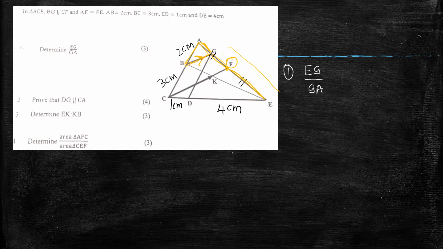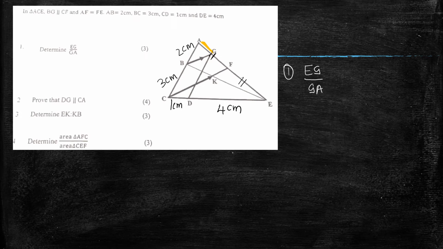So in that case, you have to calculate some of the sides separately, then you do your arithmetic, then get the answer there. Okay, so the first step here will really be to calculate GA, because it's quite easier to calculate GA than EG.